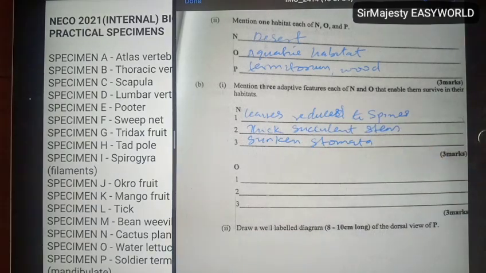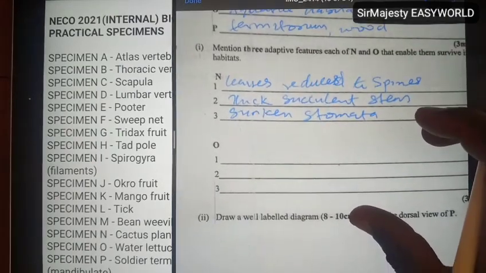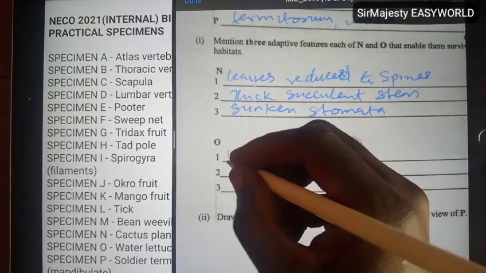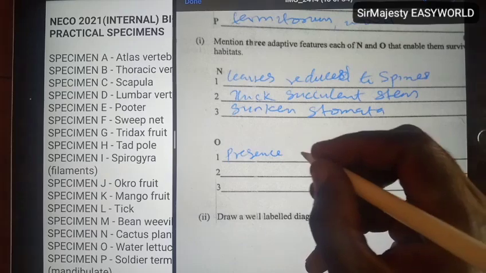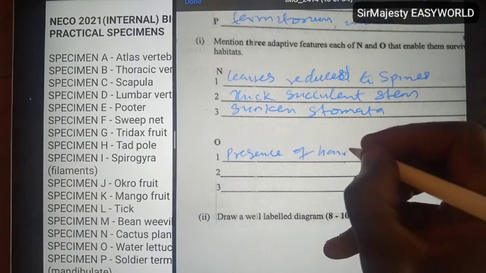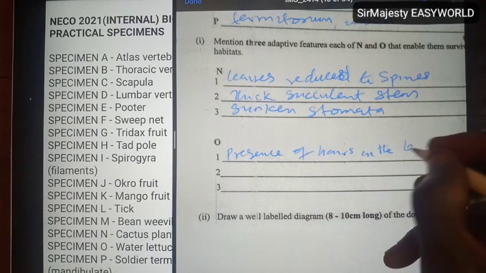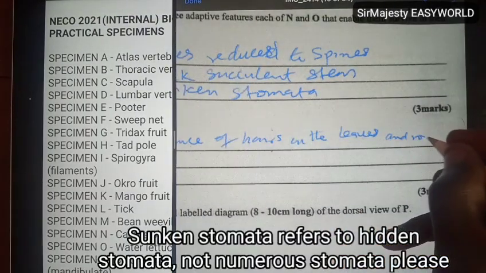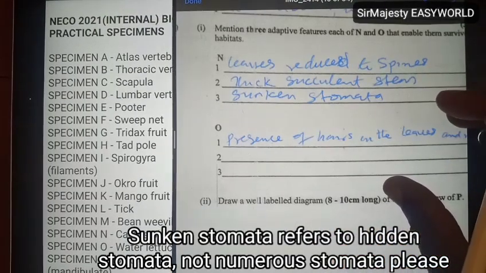Then specimen O is water lettuce. What enables the survival of water lettuce is presence of hairs in the leaves and also the roots to enable buoyancy.